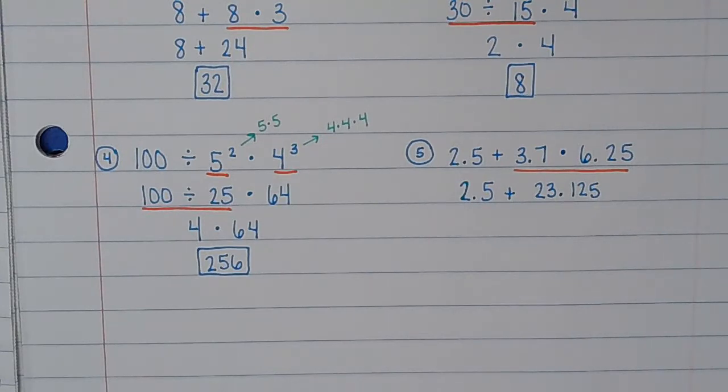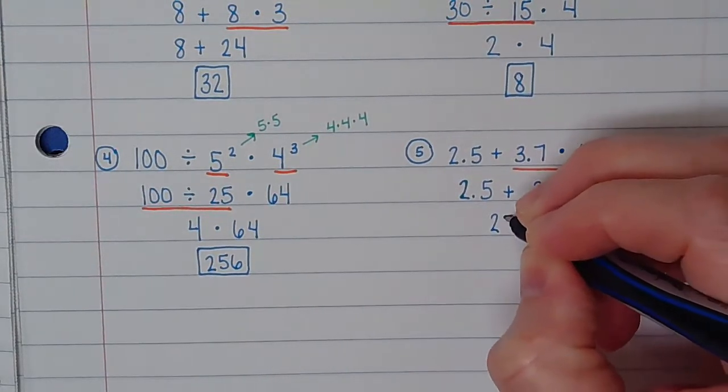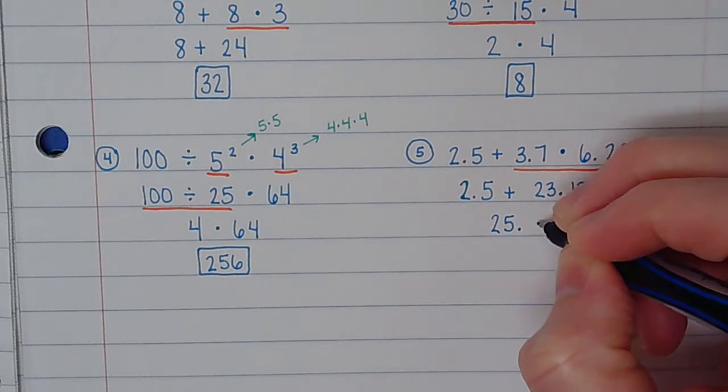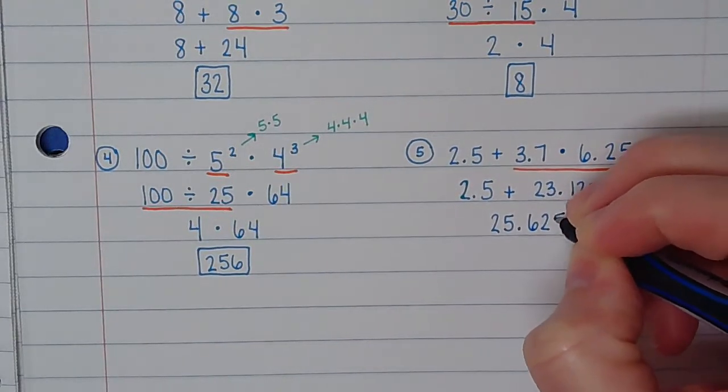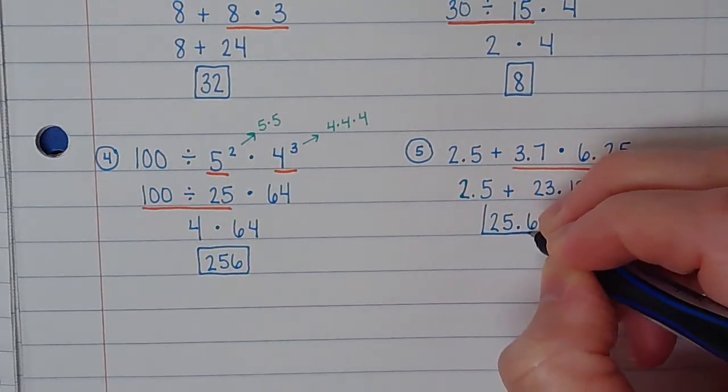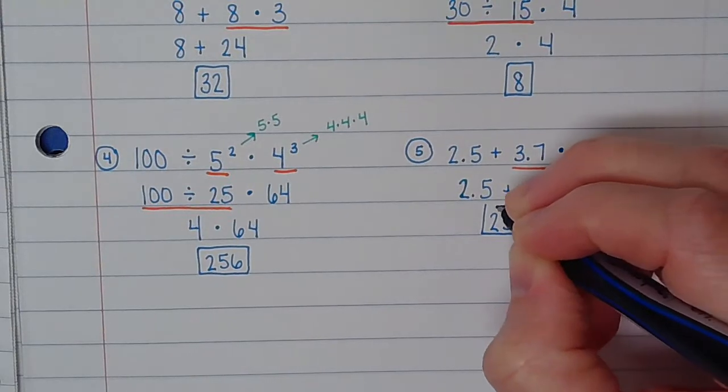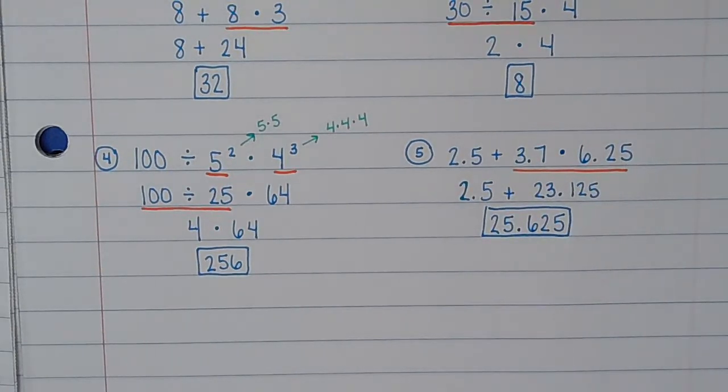So you would multiply that out and get the answer. Now we would just need to do my last step, which is adding them together. And when you add these together, you get 25.625. I had to make sure I had the right color. So even if it's decimals or fractions, you still follow the same rules. Don't do anything different. Still do PEMDAS.